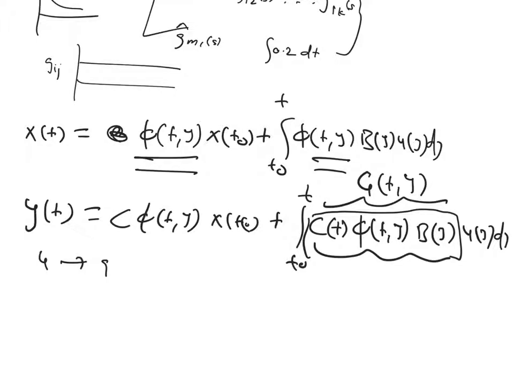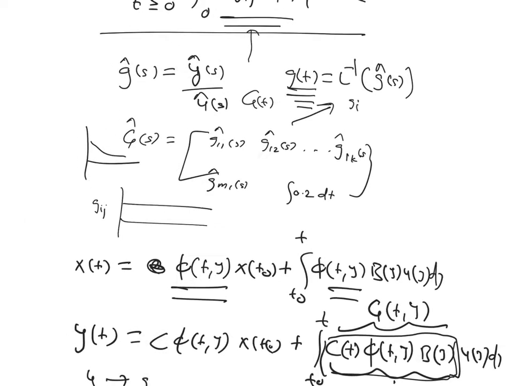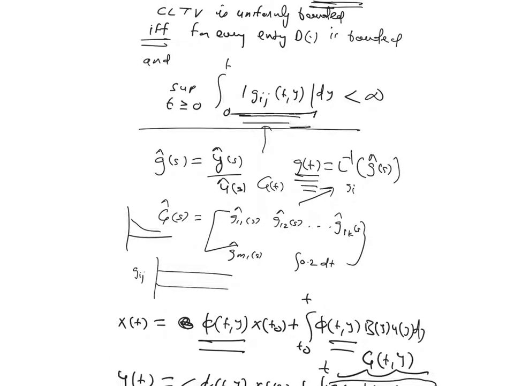So basically, you have to compute this. If you know your state transition matrix, your C and your B, you know your G(t, tau), which can be a matrix or a single element. Each element G_ij, for all the i's and all the j's, when you do this integration, should be finite.